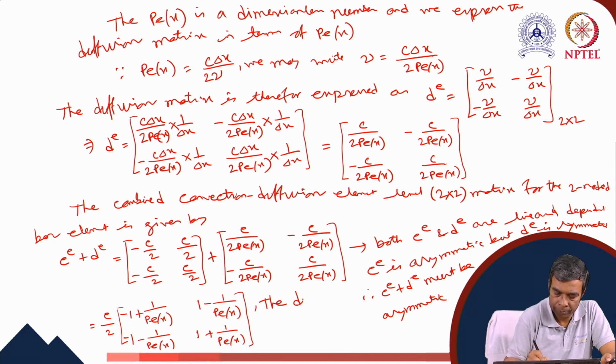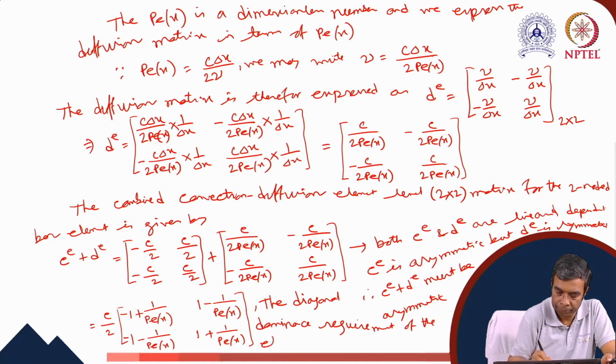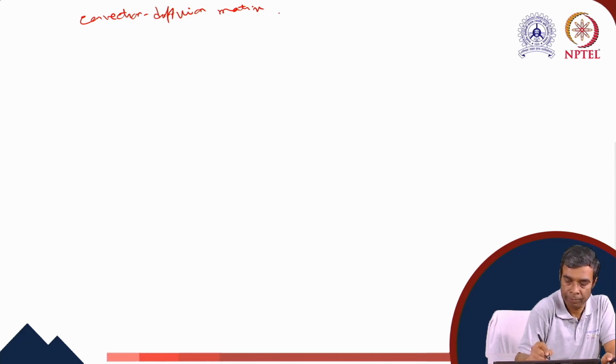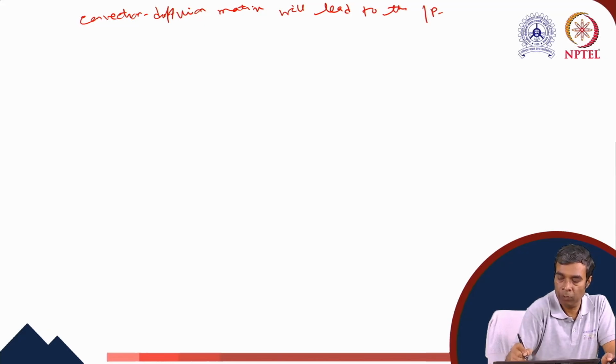The diagonal dominance requirement of the element level and global convection diffusion matrix will lead to the condition that the absolute value of Peclet number must be less than or equal to 1.